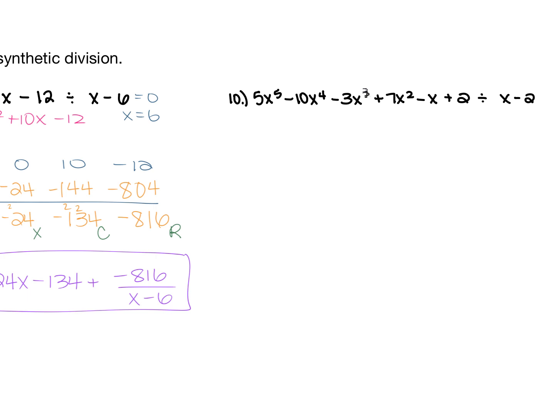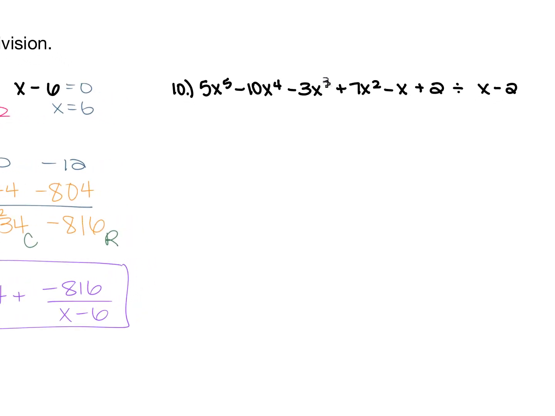So, like I said, just change it to where it's cubed. All right, so if you do change it, you have every power from the 5th to the power of 0. So your coefficients and constants are going to be 5, negative 10, negative 3, 7, negative 1, and 2. On the outside, you're going to set that x minus 2 equal to 0 and solve.